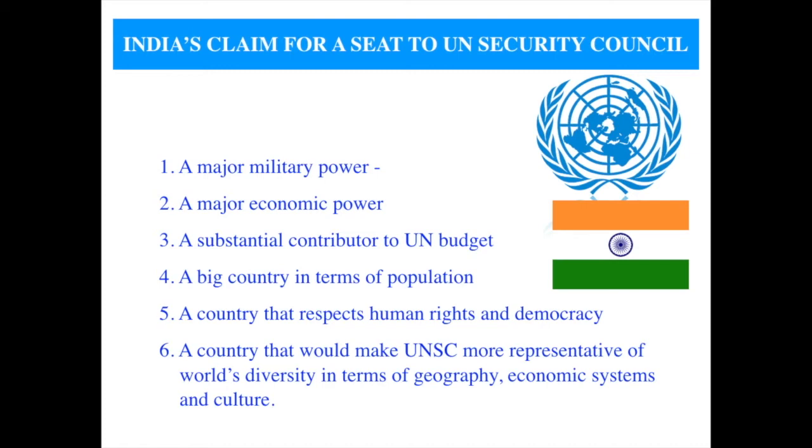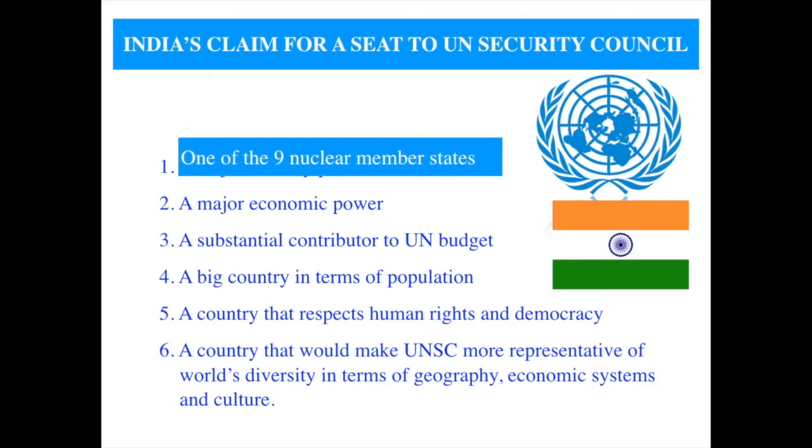In response to this, India says that in terms of military, India is self-sufficient with indigenous nuclear technology. Okay, it is also one of the nuclear weapon states, and India has the second largest military in the world as well. We've covered these points when we did India as a new center of power. You should be remembering that. Okay. The second criterion says it should be a major economic power.